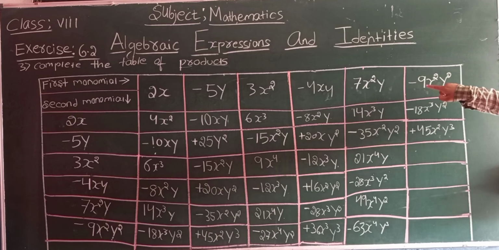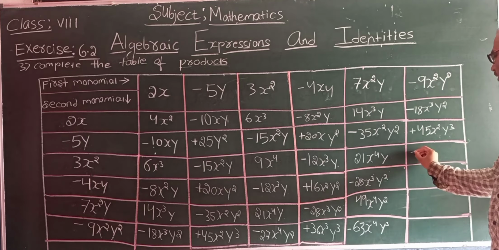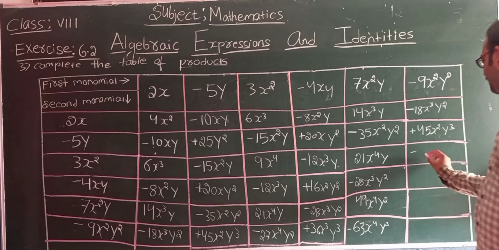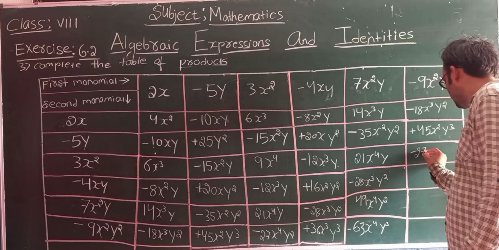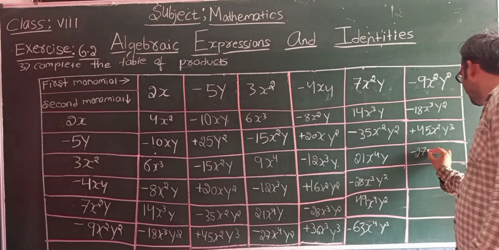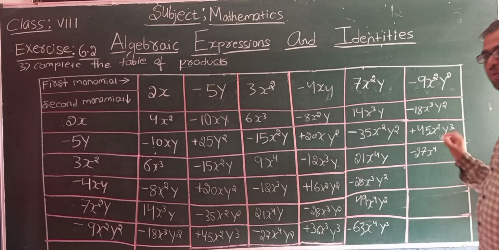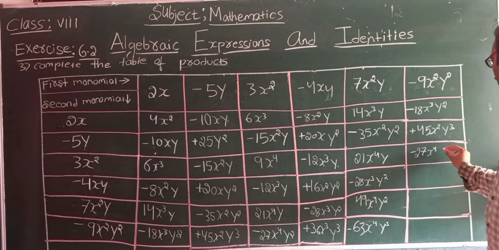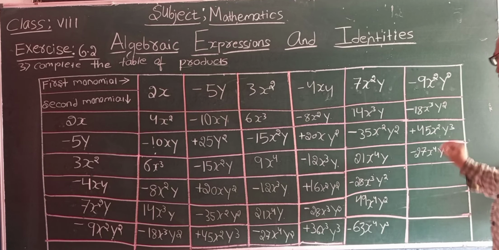Now minus 9x square y square with 3x square. So minus into plus will be minus, 9 3s are 27 and x square into x square will be x to the power 4. And there is no y square, so write y square.